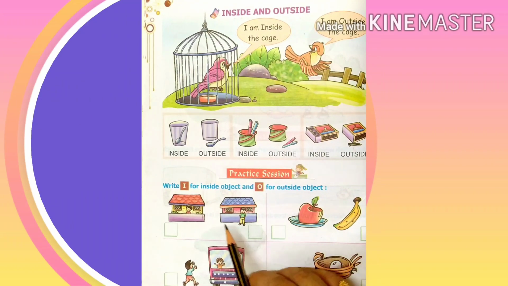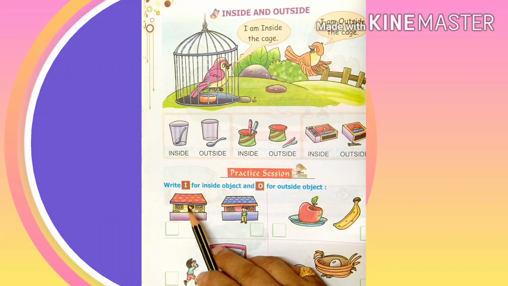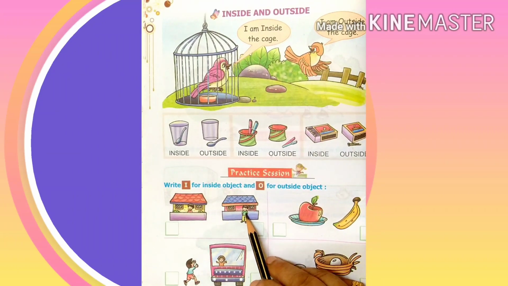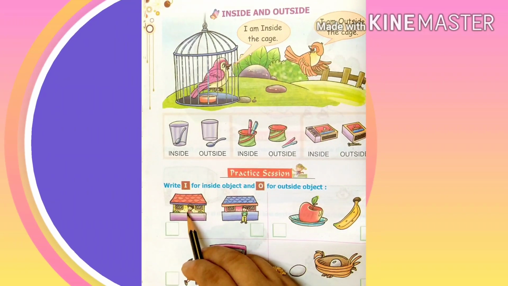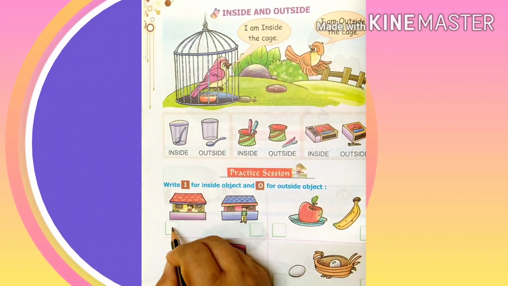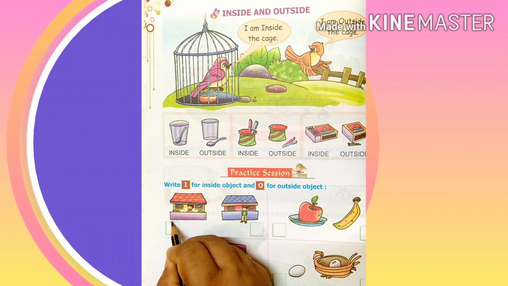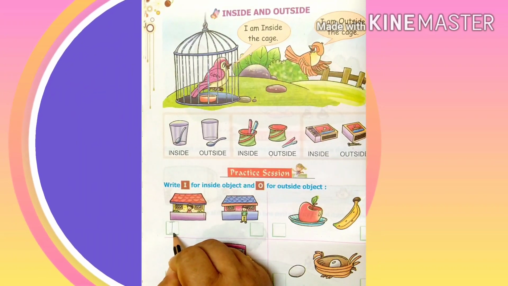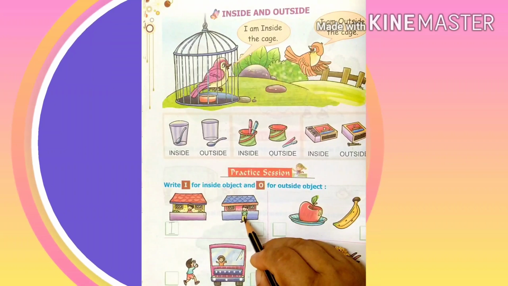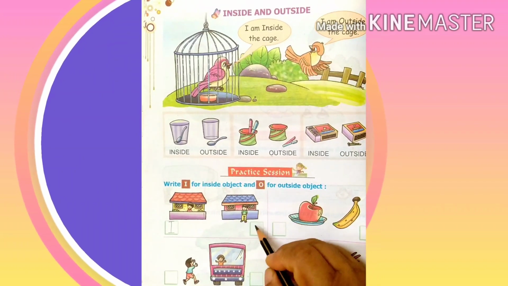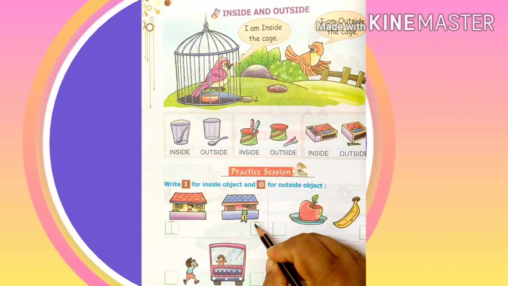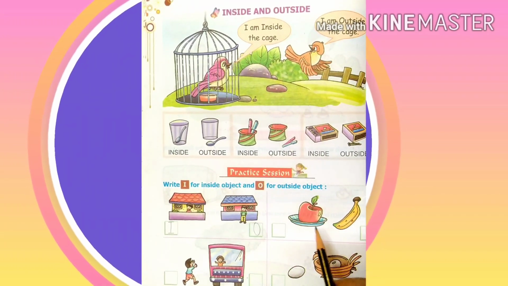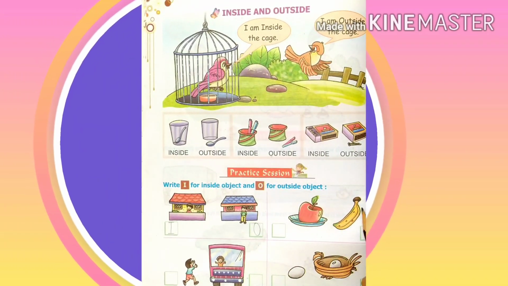Now let's see the first picture. This boy is inside the house, but this boy is outside the house. So inside the house we will write here I, and that boy is outside the house, so we will write here O. Okay. 2 fruits are there.